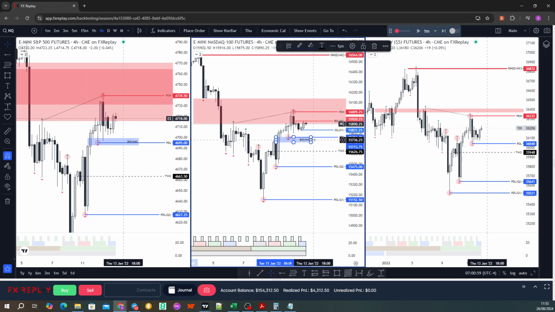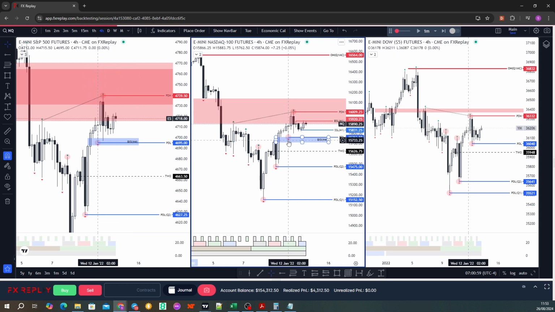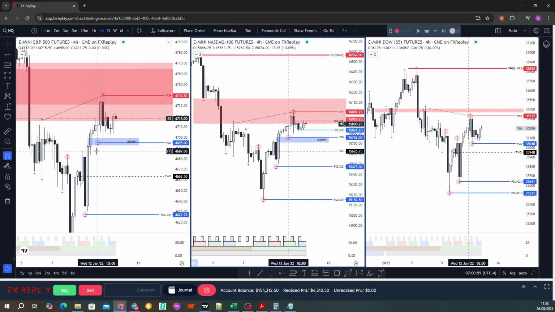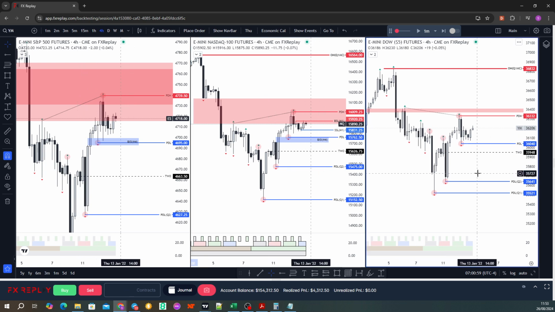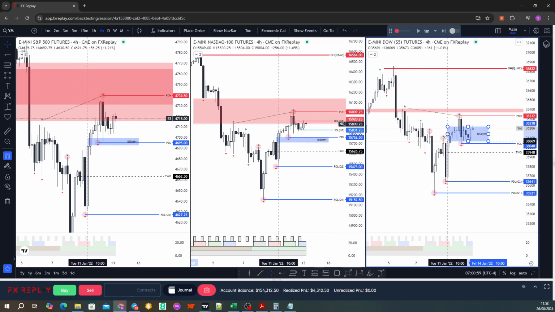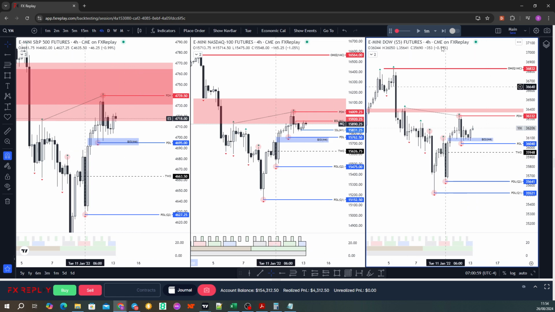So again, why this fair value gap? Because accumulation took place inside of it. Well, at least it traded to the highs there, but we can see it took place inside of it here. And I am just going to pop that in here. Okay, so I want those in there.